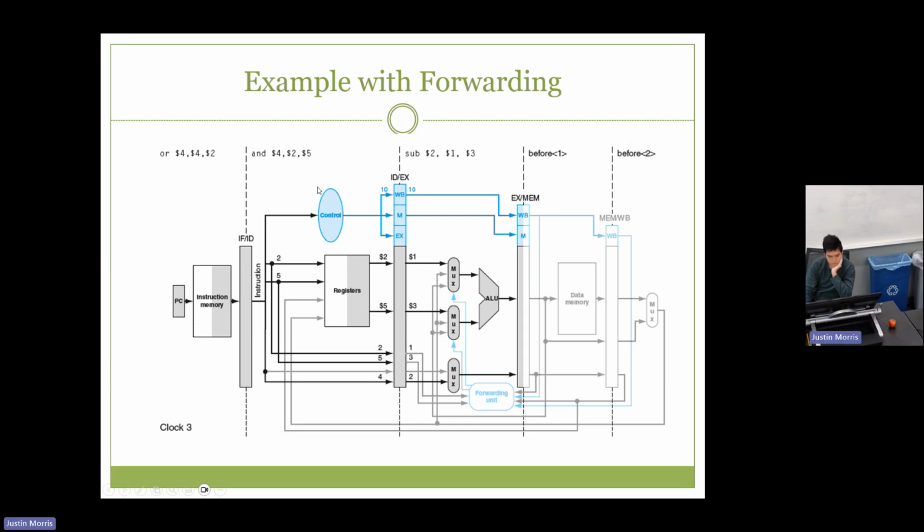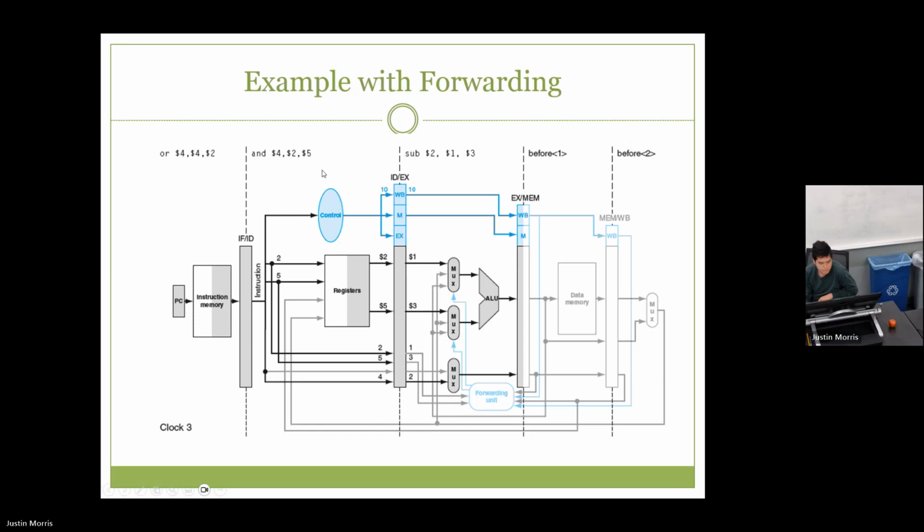Here is an example. So clock cycle 3, so like 1, 2, 3 instructions in the pipeline. And we can see the sub instruction, its destination that it's going to write to is register 2, and this AND instruction wants to read from register 2.